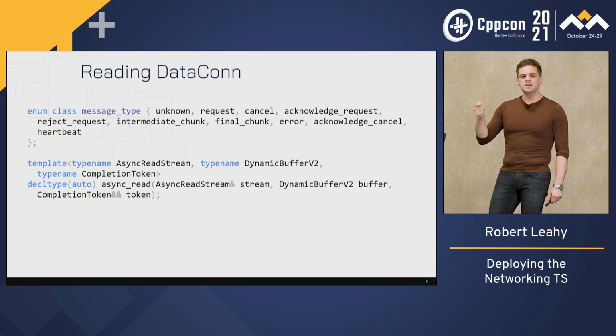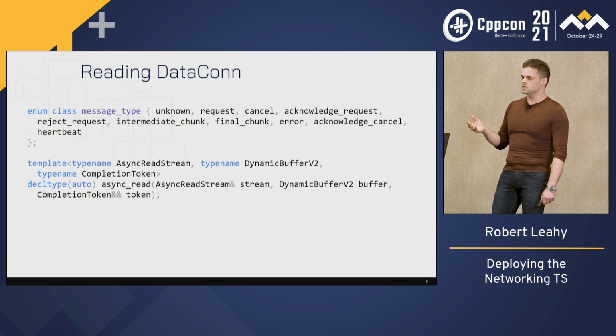Which brings us to the initiating function for the async read operation. The operation which will read exactly one datacon message from some async read stream, the first parameter to the initiating function. And then we give it something called a dynamic buffer, which it's going to use to read into, and we inject a completion token that the operation can use to report back to us that it's done.